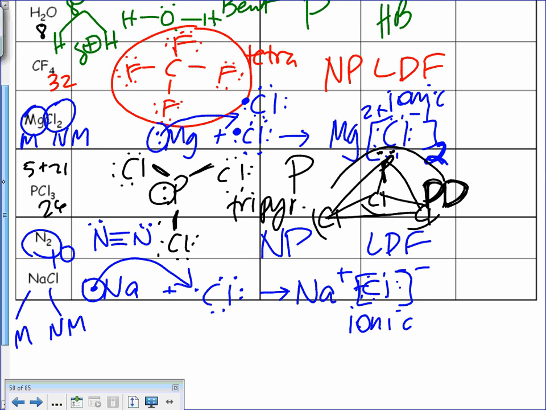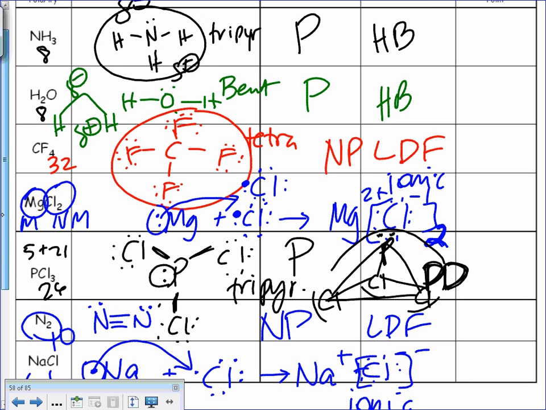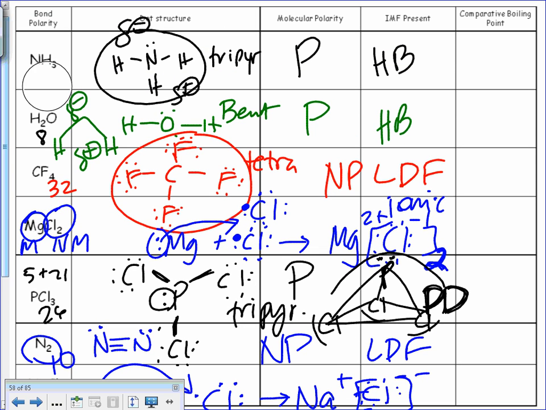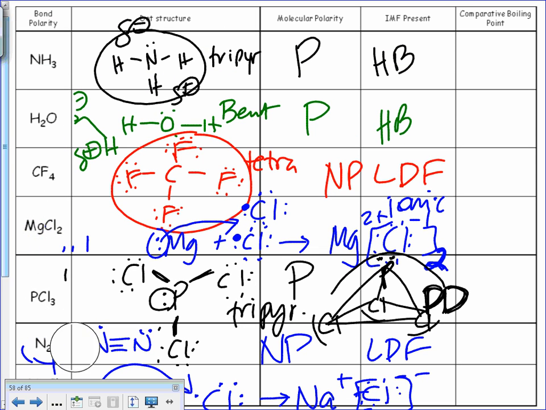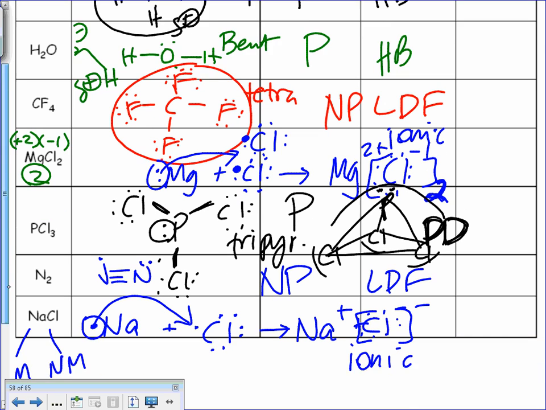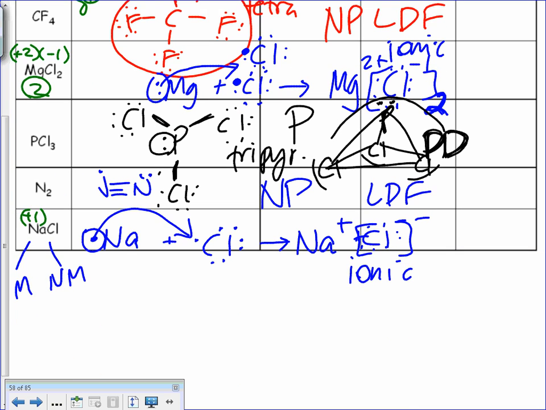Right, the charge product. So magnesium's charge, can you tell that it has a 2 plus charge? We actually wrote it here. And chlorine is a -1. So that charge product, mine's a little messy here, so I'm actually going to get some space by erasing this. Okay, so magnesium has a 2 plus and a -1. That gives us a charge product of 2. And then sodium chloride is a +1 and a -1, that gives us a charge product of 1.